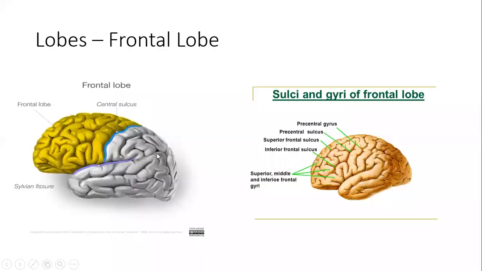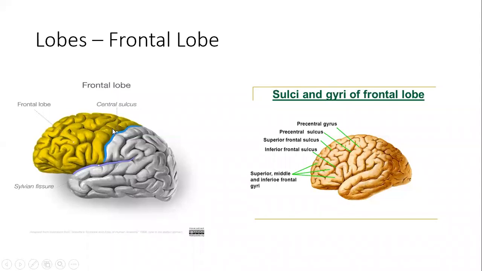So what are the gross features and what sulci and gyri are present on the different lobes of the cerebral hemisphere? Starting with the frontal lobe. So the frontal lobe, here you can see in the diagram shown in yellow, lies anterior to the central sulcus.